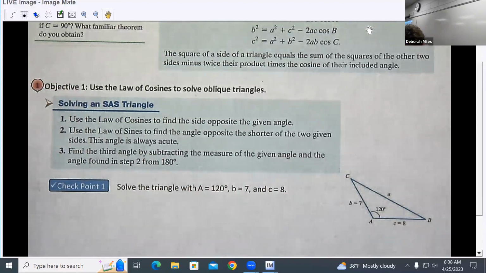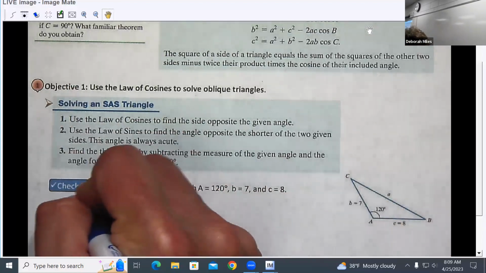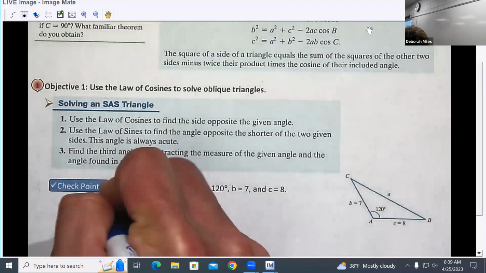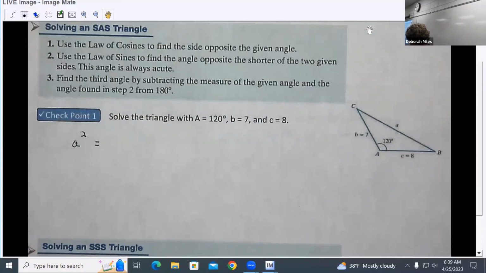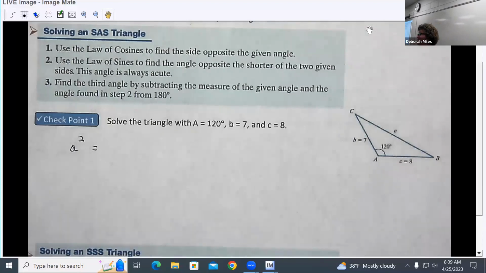So if I want to find a, then I'm going to start out with a squared on the left-hand side. And on the right-hand side, I'm just going to say those words to myself. Not a formula, but the words.